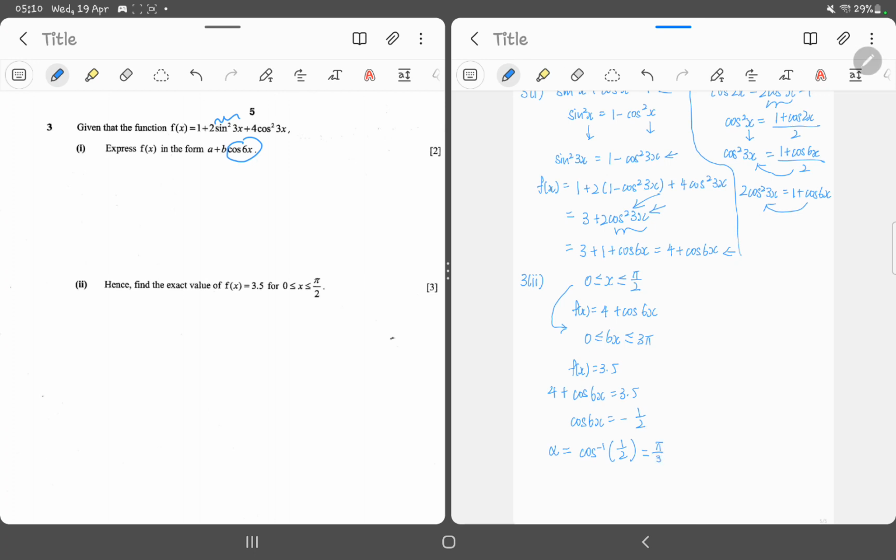3 radians, and based on this basic angle, we are able to deduce that 6x, which is my so-called theta. Because cosine 6x is negative, it is in the second and the third quadrant, correct? So it is in the second and the third quadrant, and my basic angle here is pi over 3 radians.